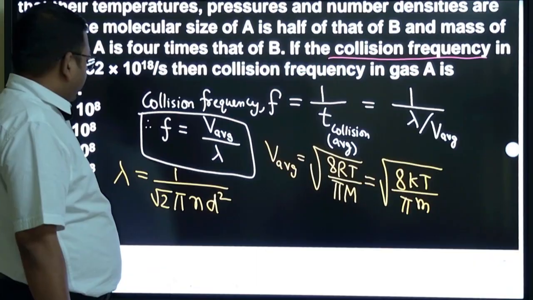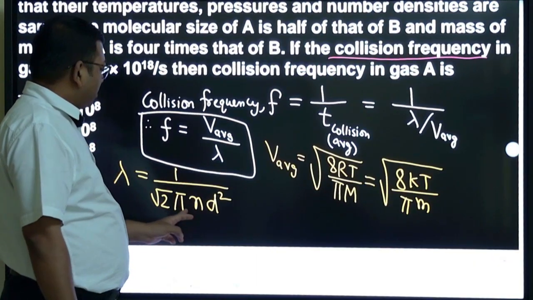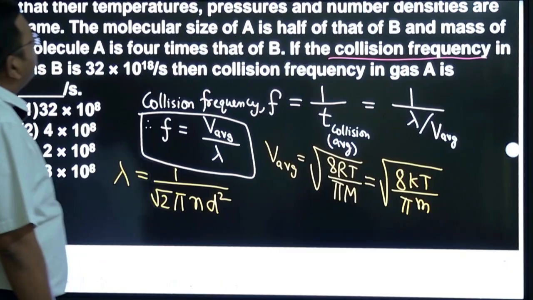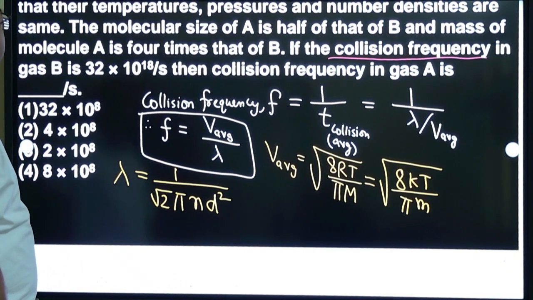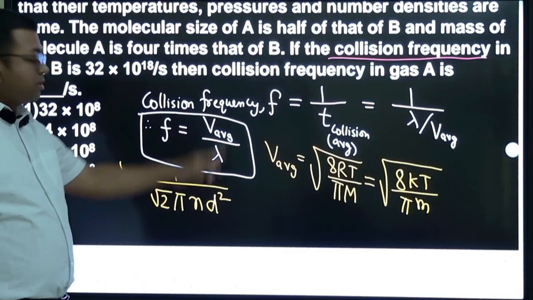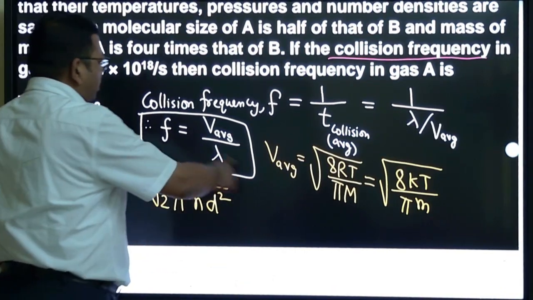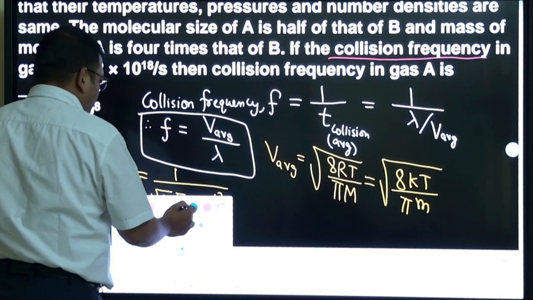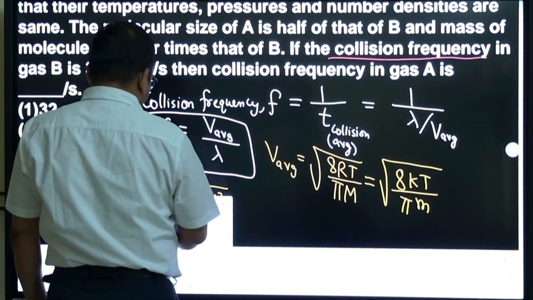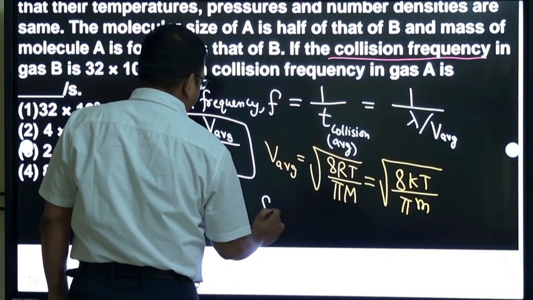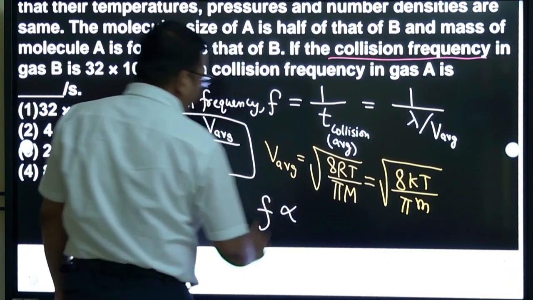Let us think about it. Lambda will depend on the size, and d is nothing but the molecular size they have given. Let us fit this into the equation and get f. Let us write proportionality.